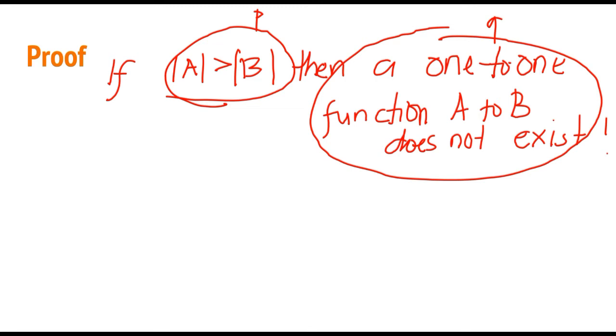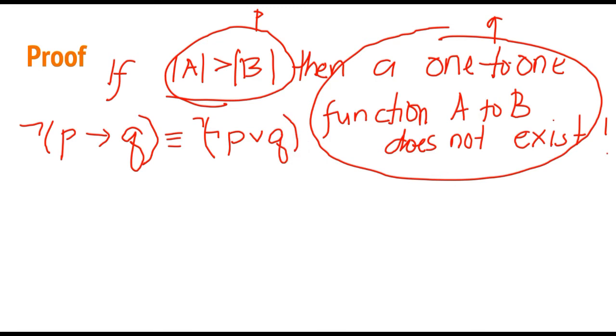The negation of the implication, not of P implying Q, is equivalent to the negation of not P or Q, or that is P, by De Morgan's, and not Q.